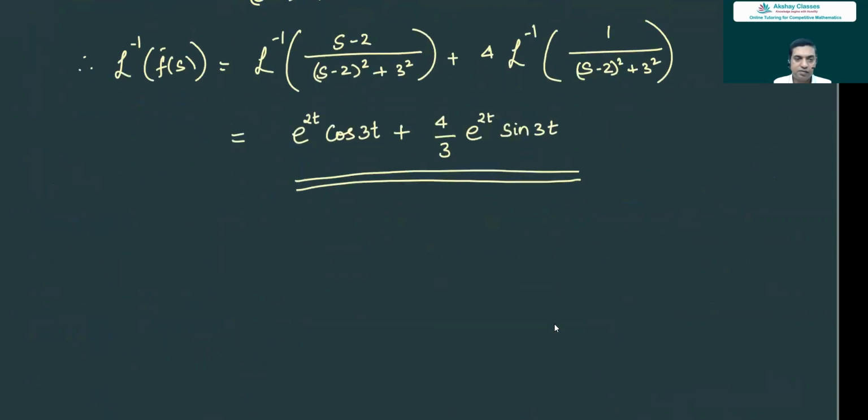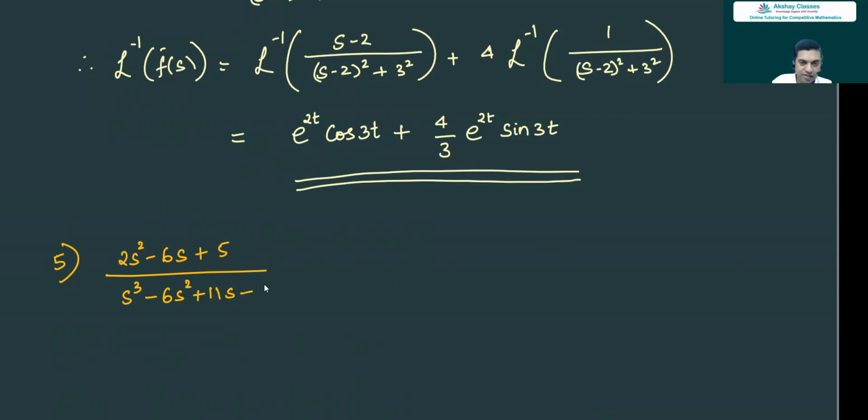Now next, two s square minus 6s plus 5 upon s cube minus 6s square plus 11s minus 6.